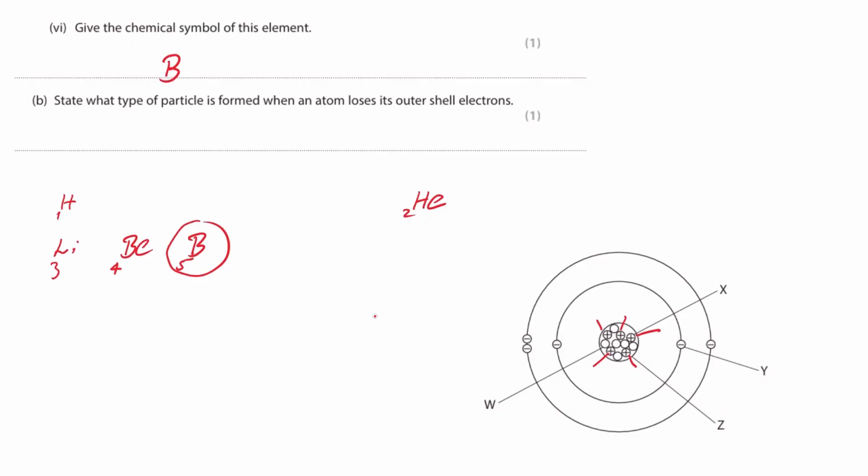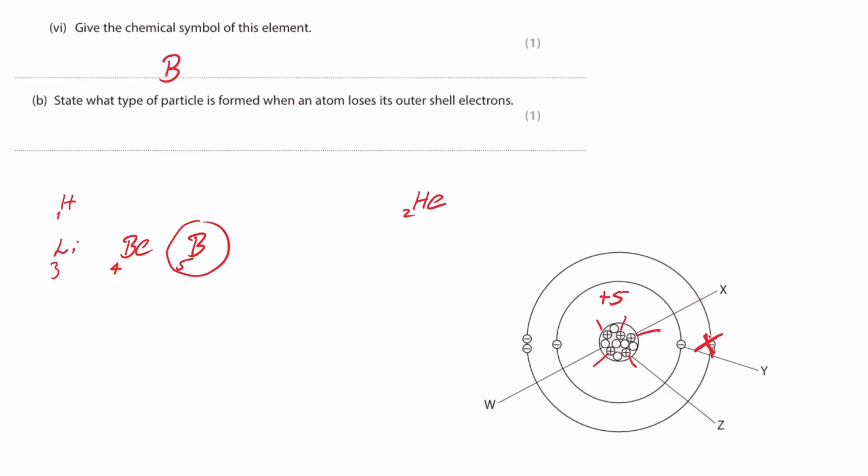Part B. State what type of particle is formed when the atom loses its outer shell electrons. Okay, when you remove an electron from the outer shell, let's take this electron as gone. In the nucleus we have 5 protons. 1 proton is +1, so 5 of them is +5.